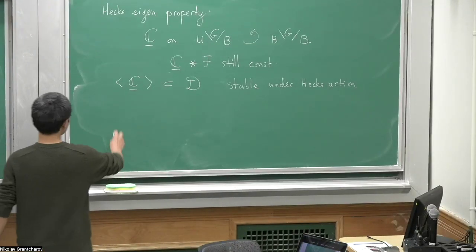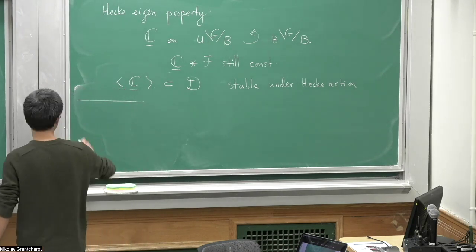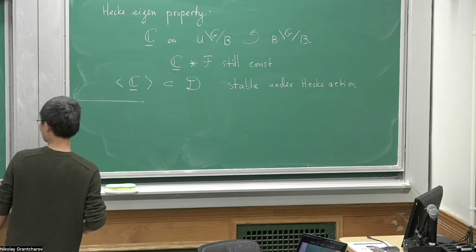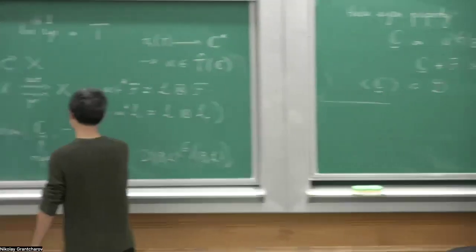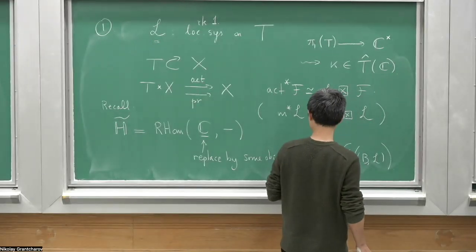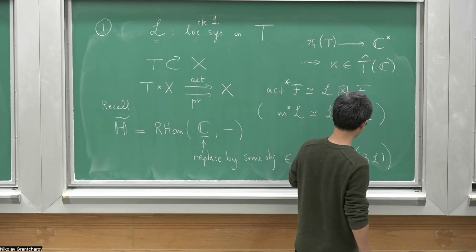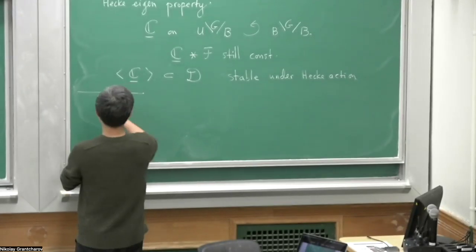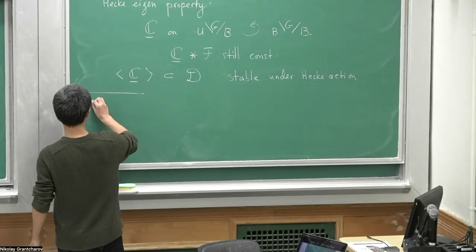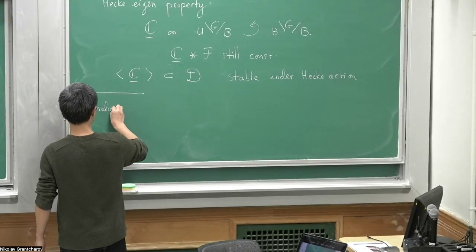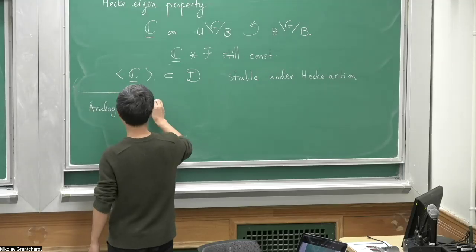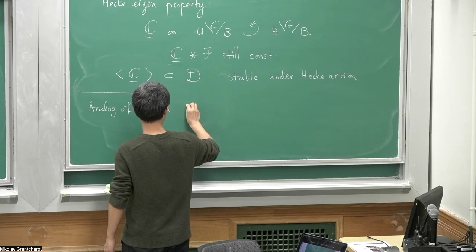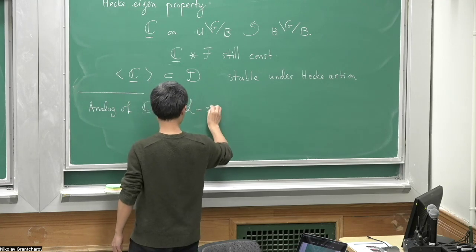So in this situation, it turns out there's an analog of this constant sheaf, an analog of C in this kind of L situation.